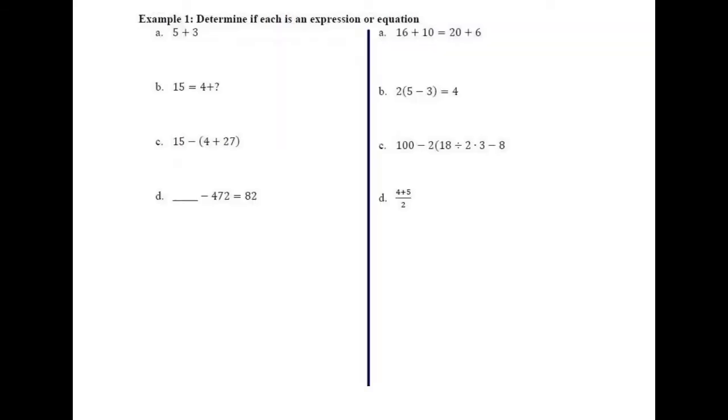So with those last definitions in mind, basically, you're looking for equal signs. If they have an equal sign, it is an equation. So we have an equation right here, and here, here, sorry for the messy writing, and here.